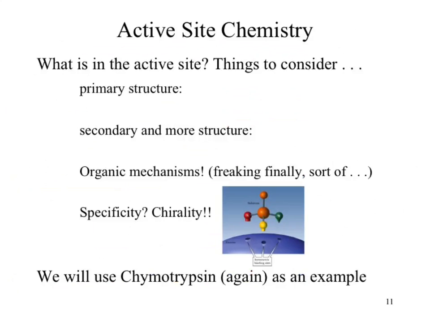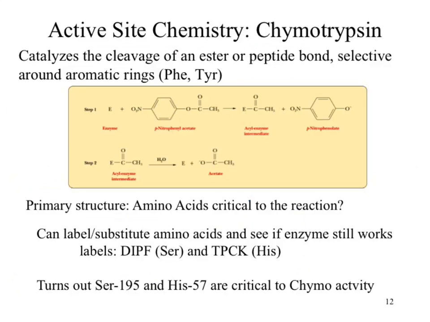And we'll use chymotrypsin again as an example. What chymotrypsin catalyzes is the cleavage of an ester or peptide bond. We're primarily concerned about the peptide bond. Why the peptide bond? That's how proteins are built, through peptide bonds.